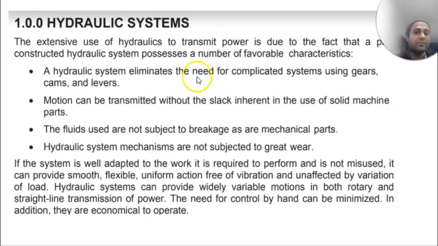A hydraulic system eliminates the need for complicated systems using gears, cams, and levers, so they are not there. The motions can be transmitted without slack, because of the non-compressibility inherent in the use of solid machine parts. The fluids used are not subject to breakage like mechanical parts. You can replace the fluid.